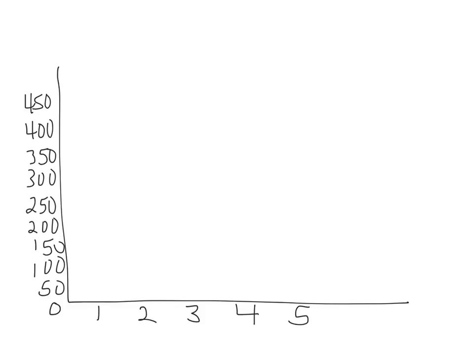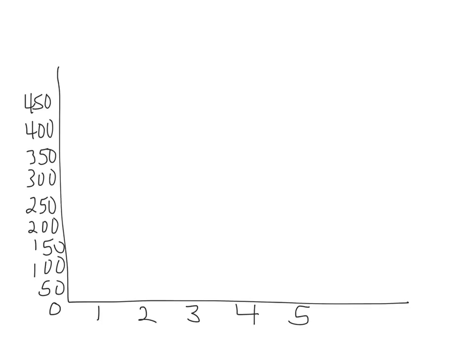Okay, now we can plot it with our answers. To plot the first point of t and h, the h is going up and down here, and the time is going this way. Now we need to find h at 250 on the vertical axis.